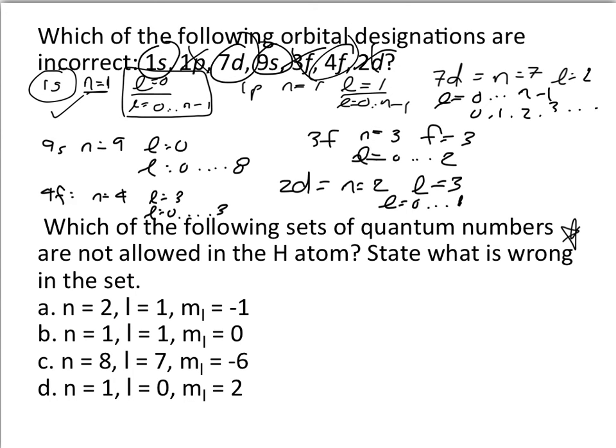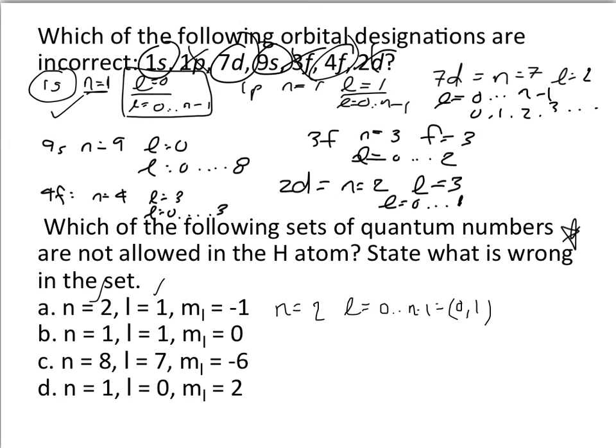For n equals 2, the L values that are possible are everything from 0 up to n minus 1. In this case, we have 0 and 1 as possibilities. So n equals 2, L equals 1, so far that's acceptable.